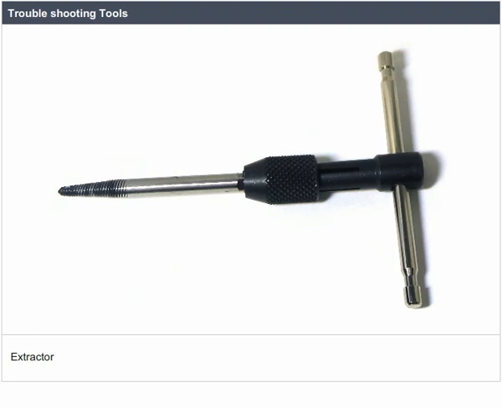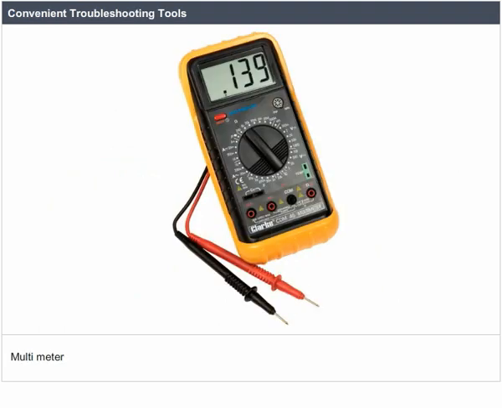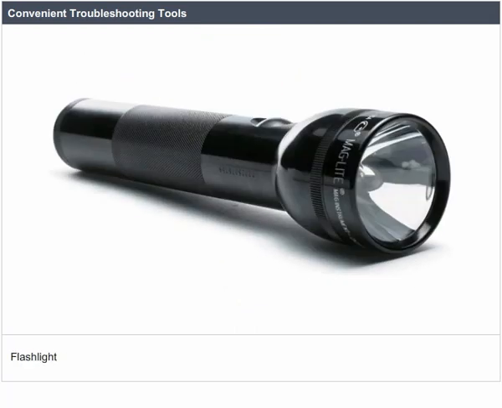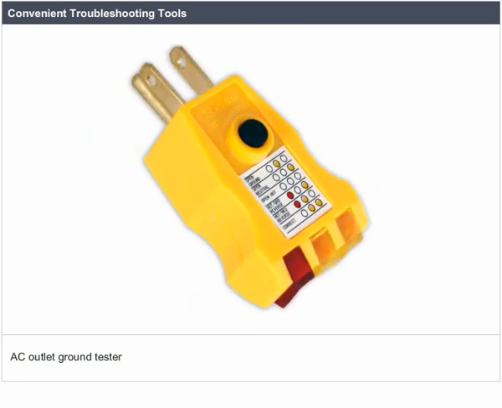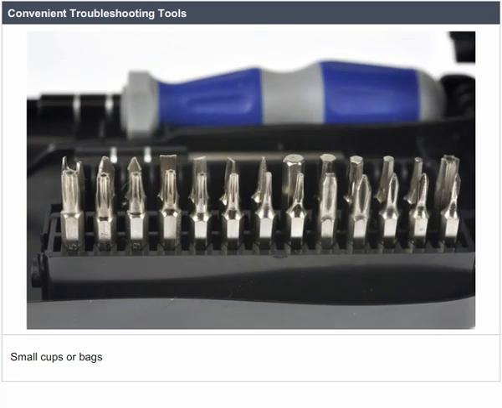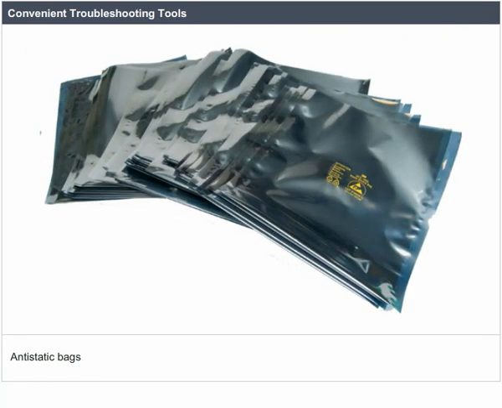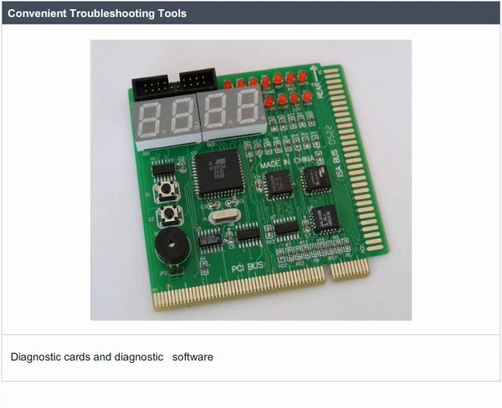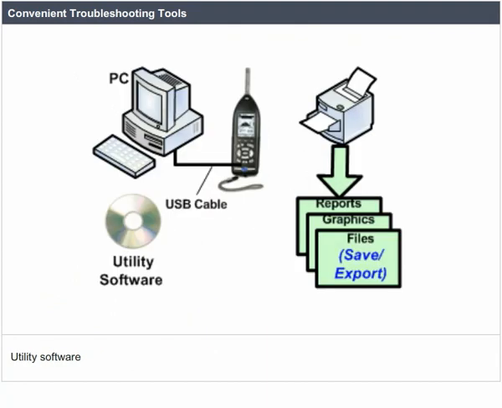Convenient troubleshooting tools: Multimeter, Needle Nose Pliers, Flashlight, AC Outlet Ground Tester, Small Cups or Bags, Anti-static bags, Pen and paper, Diagnostic cards and diagnostic software, Utility software, Virus detection software on disks.